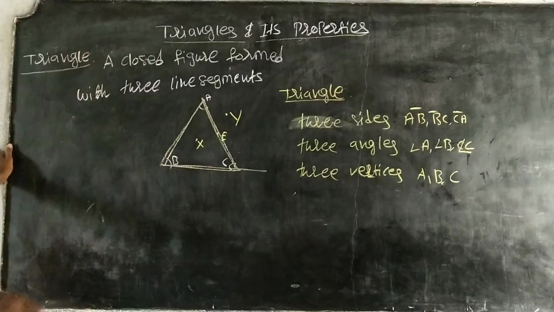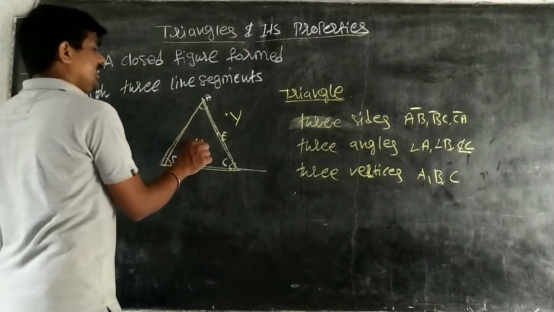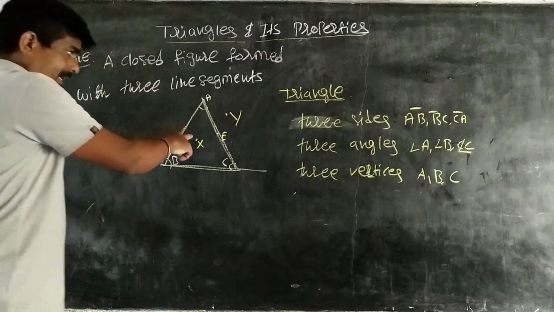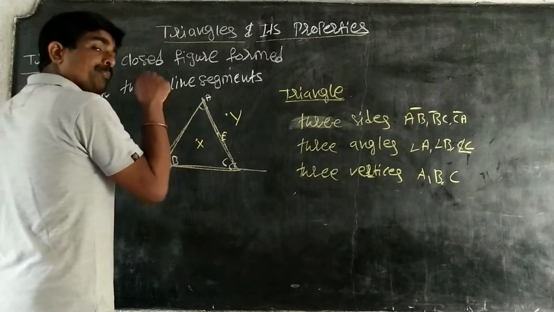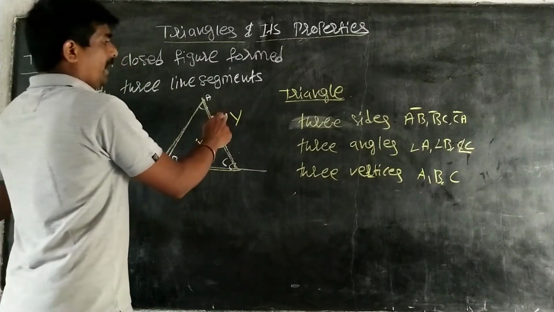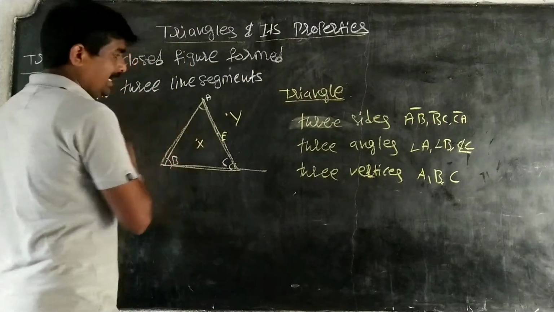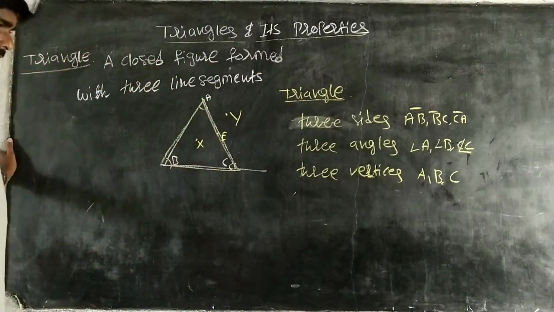A triangle is also the same. Point X is the interior of the triangle. Point Y is the exterior of the triangle. Point E is on the triangle.